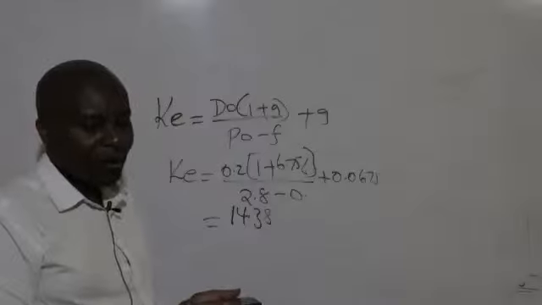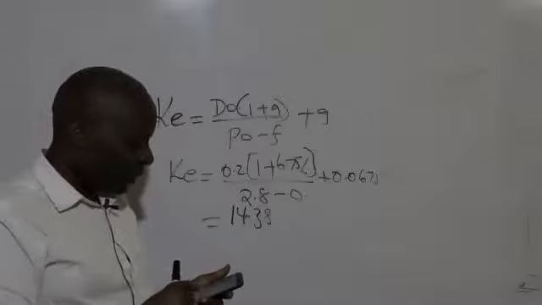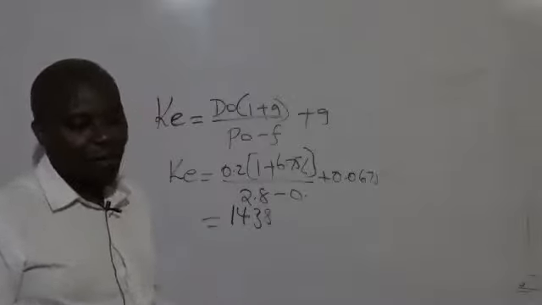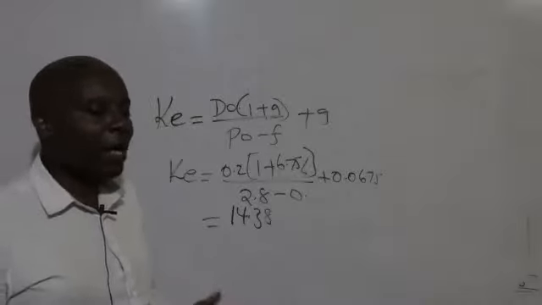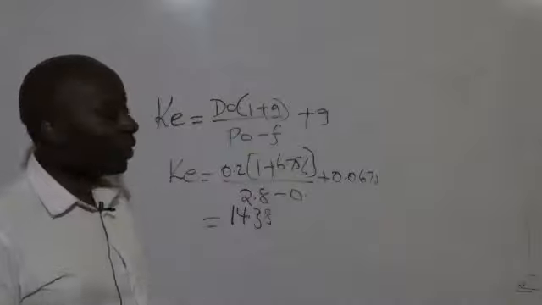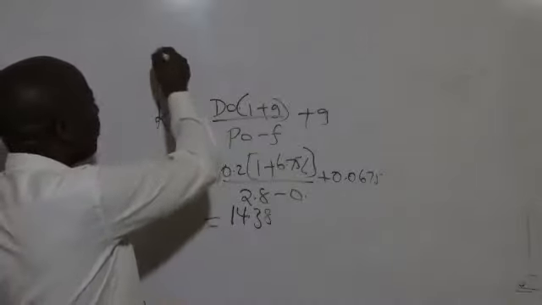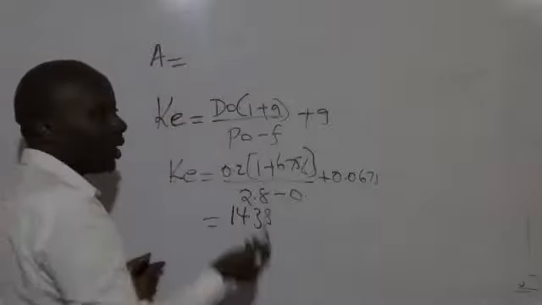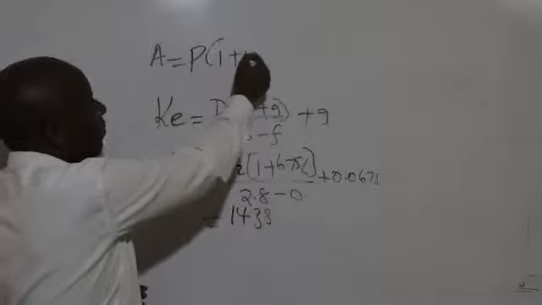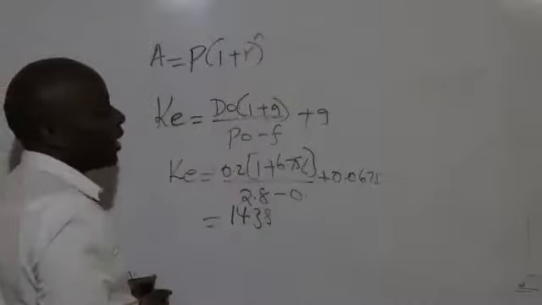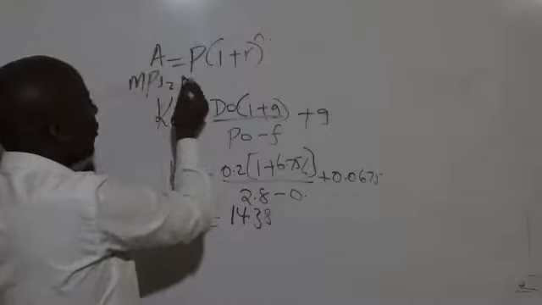Now from there, lastly, they want us to give them the market value per share in 2 years' time. Remember, this is synonymous to using the compounding formula, where amount will be equal to principal into 1 plus R raised to power n, where this amount will be MPS at the end of year 2.